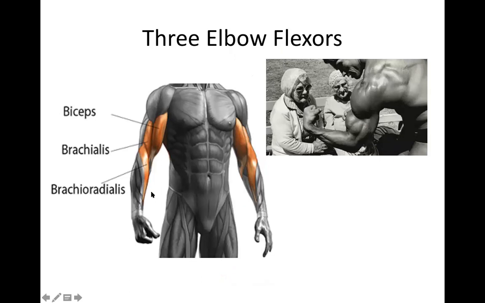One of the important things about having three different elbow flexors is because the forearm can be positioned in a variety of directions. So when you think about flexing, you can flex your elbow when your forearm is supinated. You can flex your elbow when it is pronated, and you can flex your elbow when it is partway in between. Think of it when you're giving yourself a thumbs up.